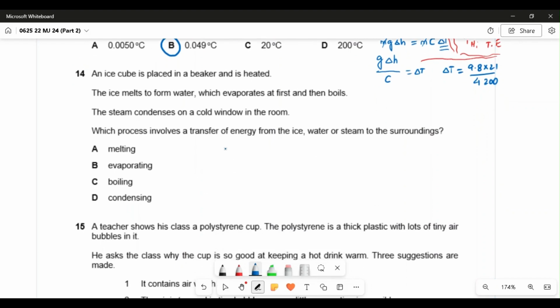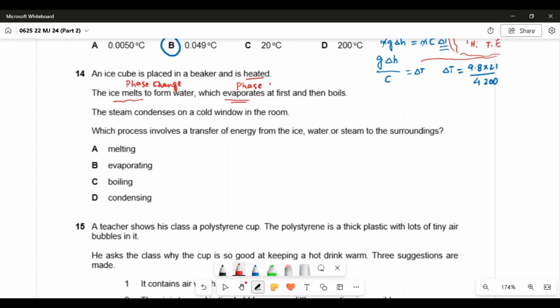14. An ice cube is placed in a beaker and is heated. The ice melts to form water. Melting of ice is a process of phase change. Yes, heat is gained, but there is a change in phase. So all the heat is utilized to change ice into water. So heat gained is used in the phase change, which evaporates at first and then boils. Evaporation is a process of phase change.